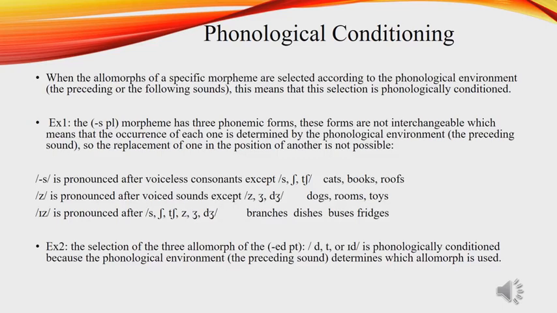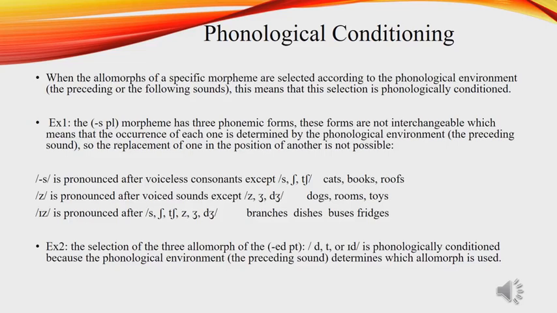So, if we have a morpheme that has more than one allomorph, and when we want to choose one of these allomorphs, we depend on the following or the preceding sound, it means that we have a phonological conditioning because we depend on sounds to select the allomorph.